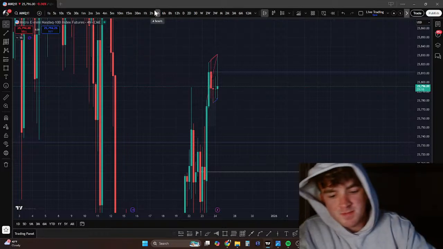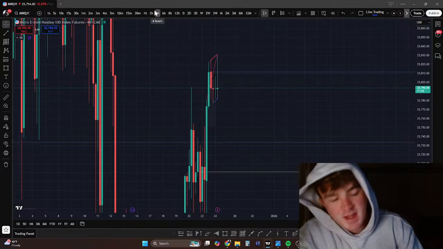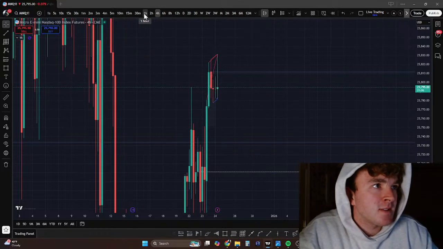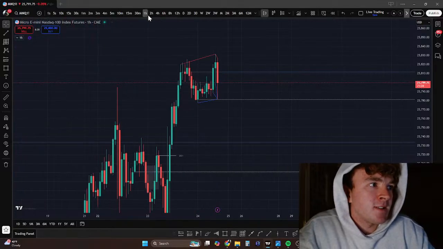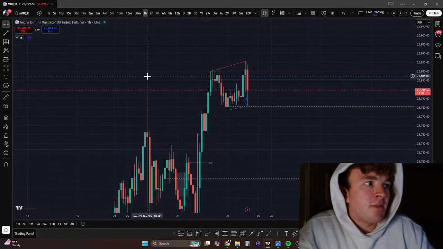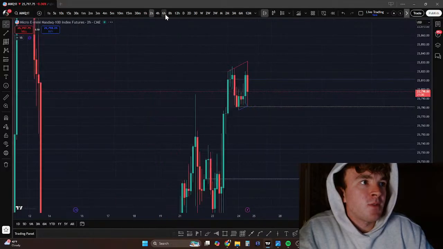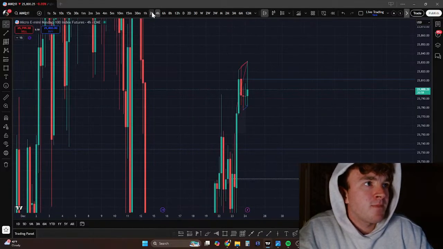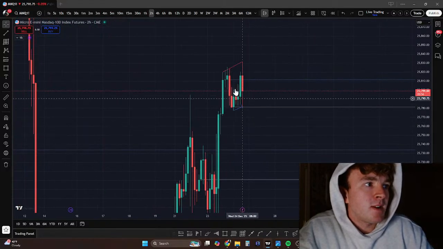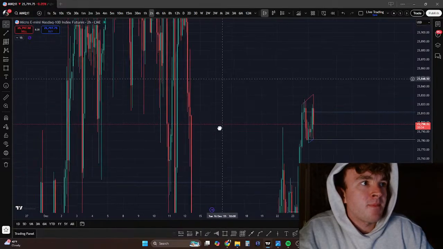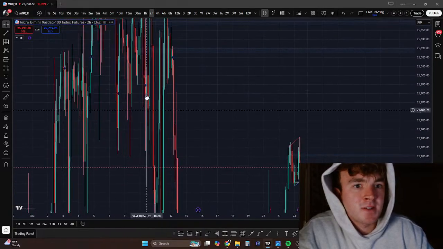What time is it? We still have plenty of time. It's only 9:30 Eastern. Now we've swept out all the lows, and if you look at the high time frame, very possibly this is just a 2-hour gap, and then we continue higher to this consolidation.